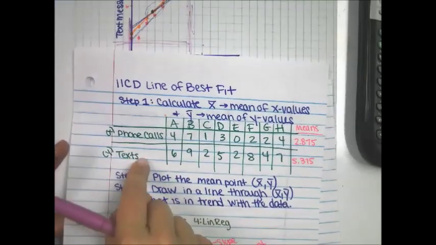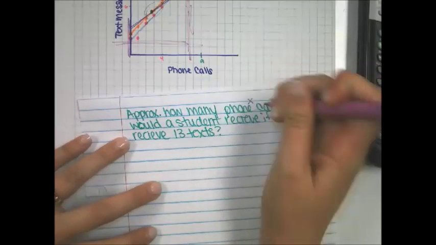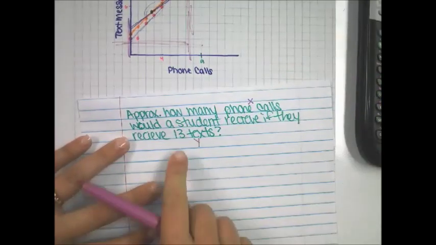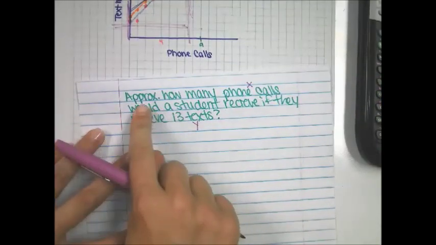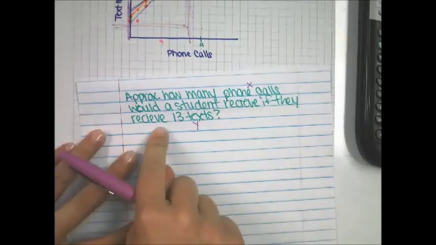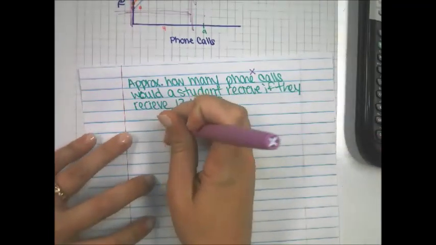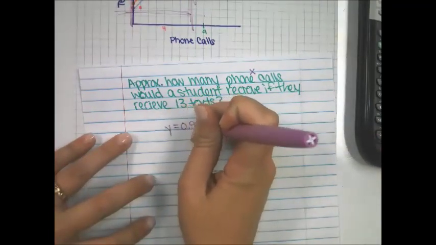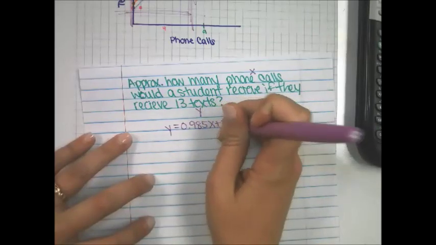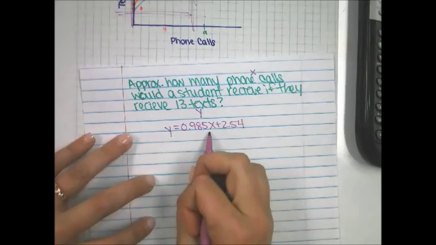What's important to know first is that phone calls are X and text messages are Y. So what we know is the Y value. Approximately how many phone calls, how many X, would the student receive if they receive 13 texts, which is Y. So in my equation here, I don't know X, that's phone calls.